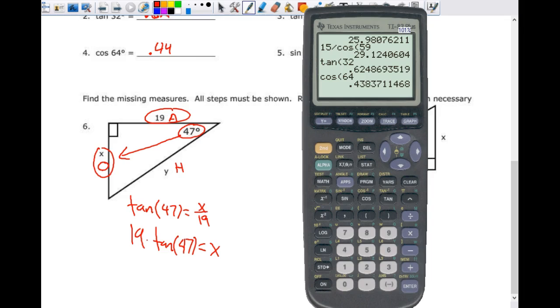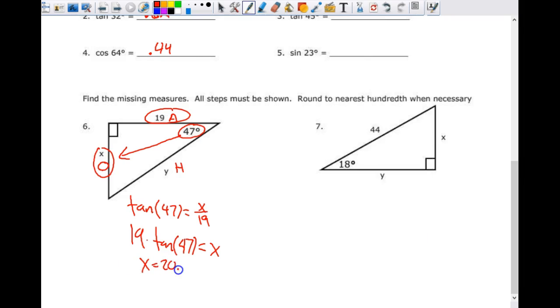Take out your calculator. 19 times tangent of 47, 20.38. X is equal to 20.38. It doesn't matter which one, you can do it in the other order.